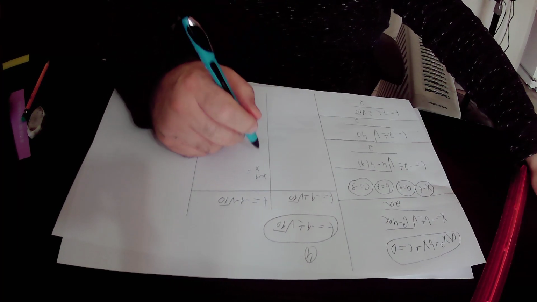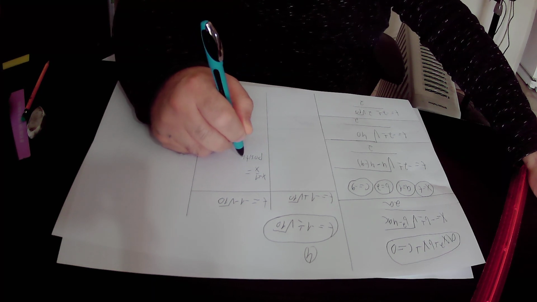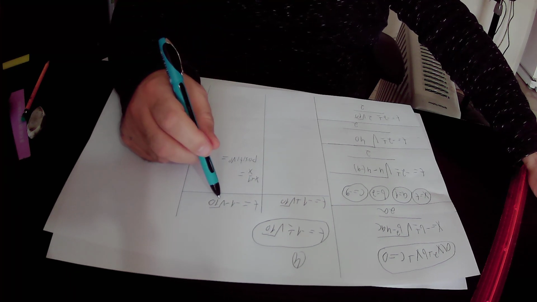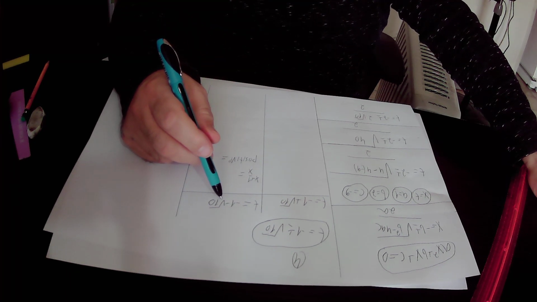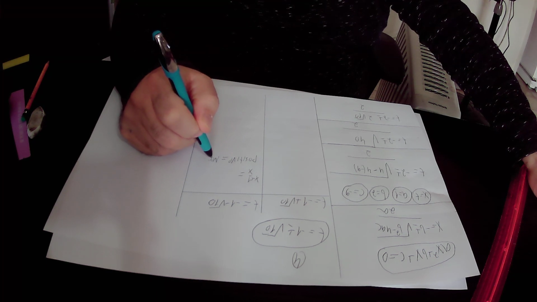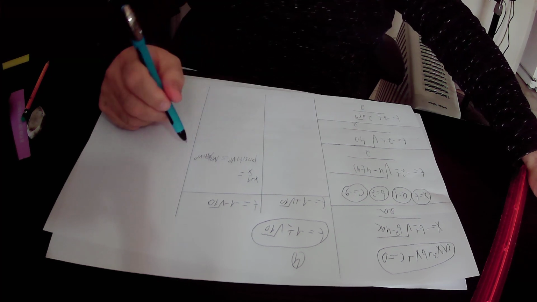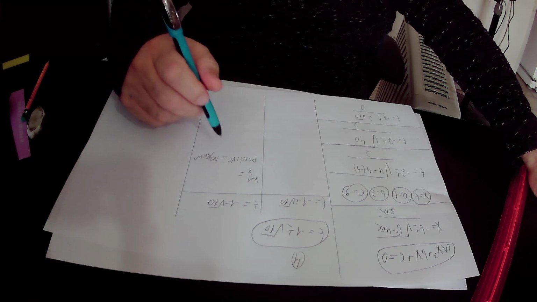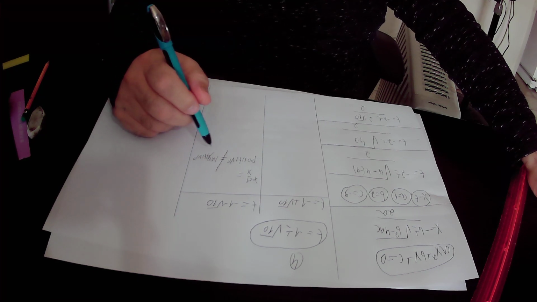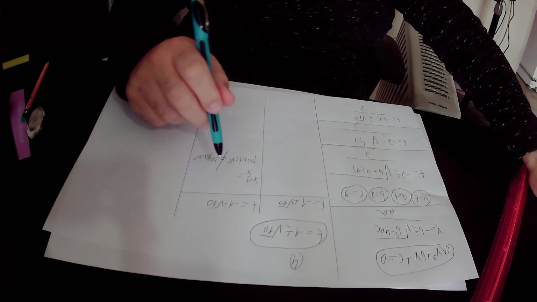Therefore x is a positive number, and it must be equal to this expression, minus 1 minus square root of 10, that is a negative number. Because a positive number can never be equal to a negative number, there is a contradiction. Therefore, this possibility is not correct.